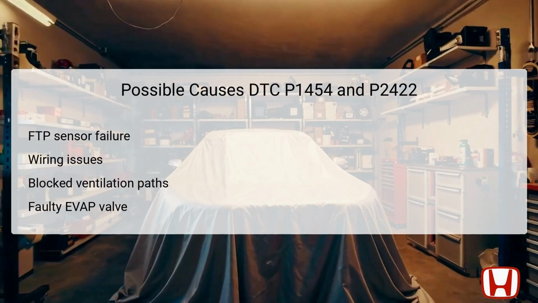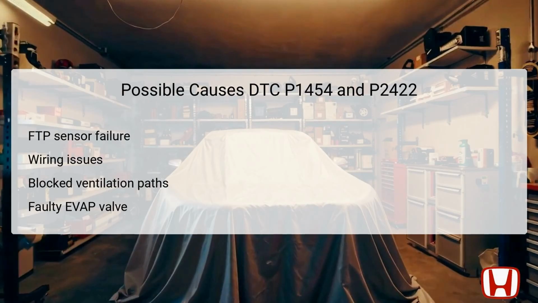The potential causes for DTC P1454 include a defective fuel tank pressure, FTP, sensor, which can result from wear, damage, or manufacturing defects. This sensor may produce erratic or erroneous readings, prompting the DTC to be stored.